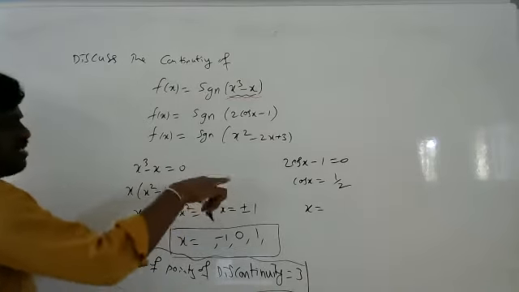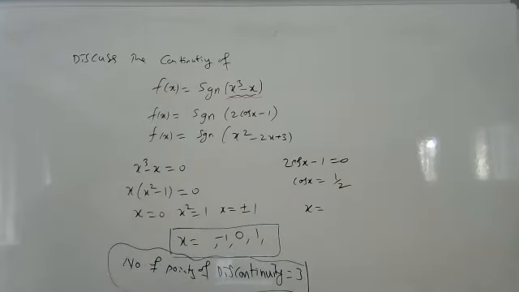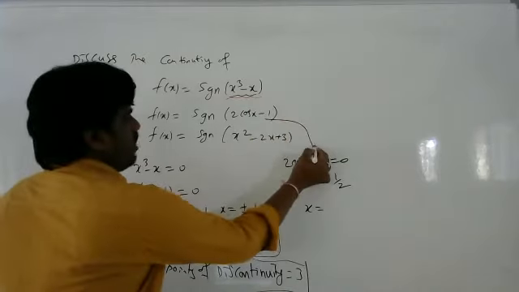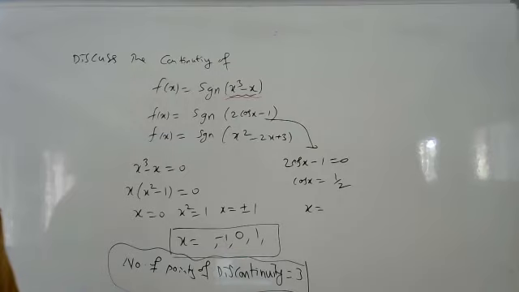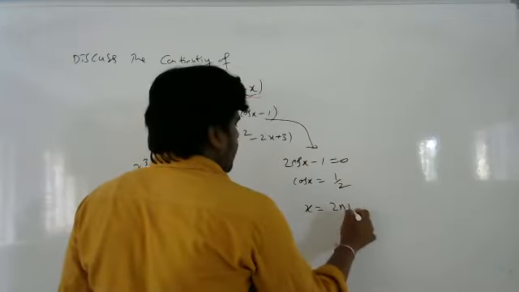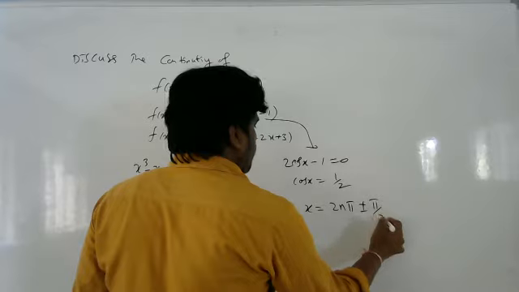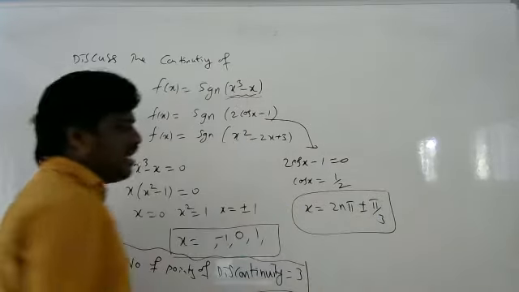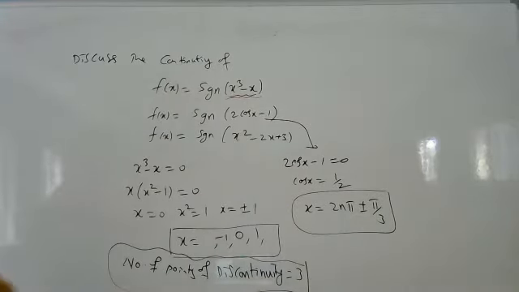Here it's a general solution. Cos x is equal to half. Can you tell me what is the general solution for cos x is equal to half? 2n pi plus or minus pi by 3. Yes. So here we have how many points of discontinuity?